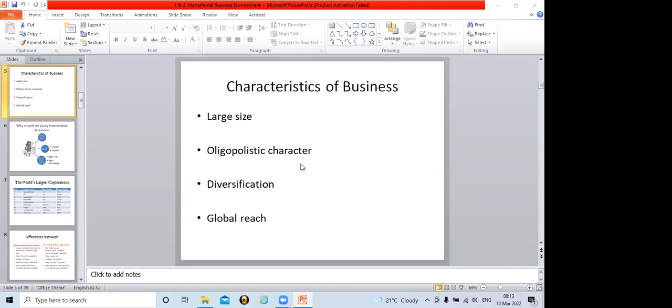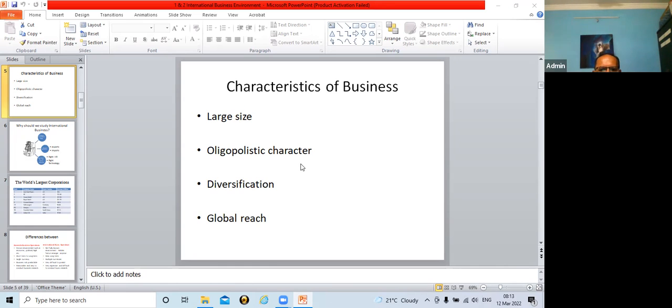And then third characteristic, the diversification. Once your business reaches an expected level, then that business goes for diversifying their business. Means they diversify their activities from one activity to another activity, from second activity to third activity. The diversification takes place.